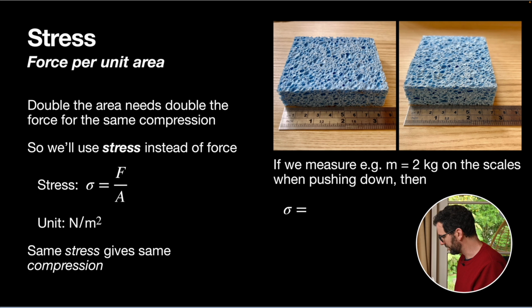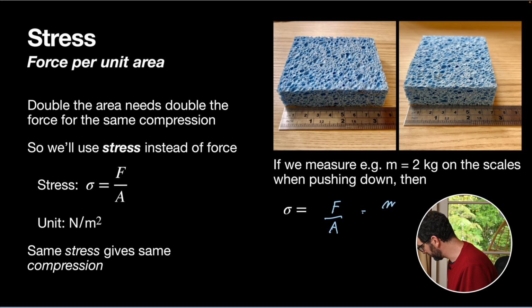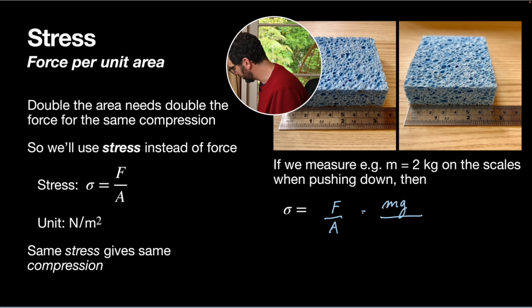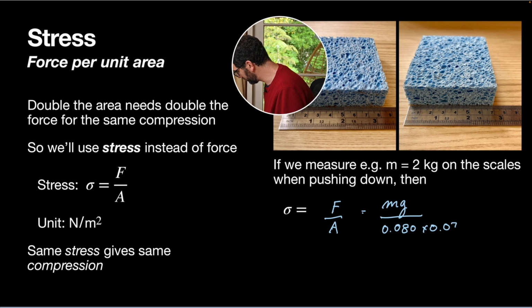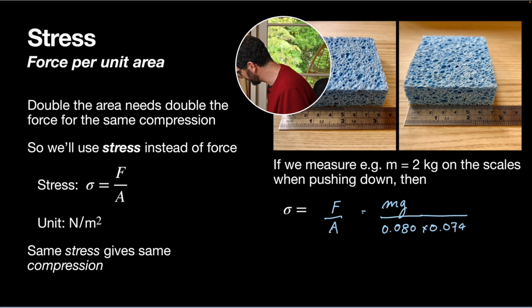So for our example here, if we're going to measure 2 kilograms on the scales and we push down, let's work out what the stress would be. The stress is going to be the force divided by the area. The force in this case will be the mass times g, and our area is going to be, I think it was 80 millimeters by 74, so converted to meters, it'll be like that.